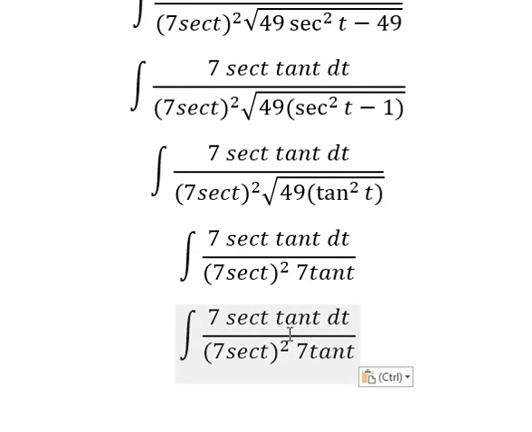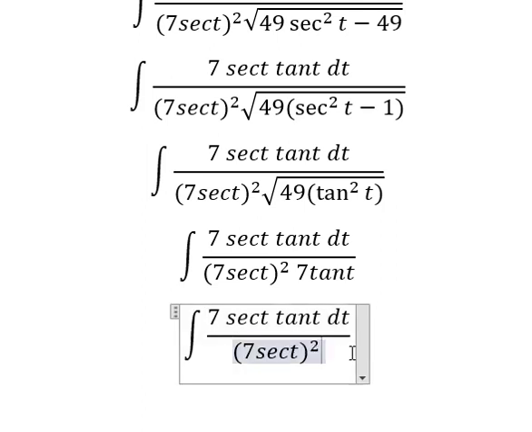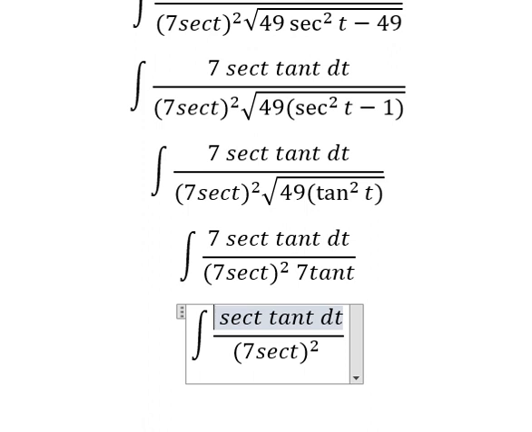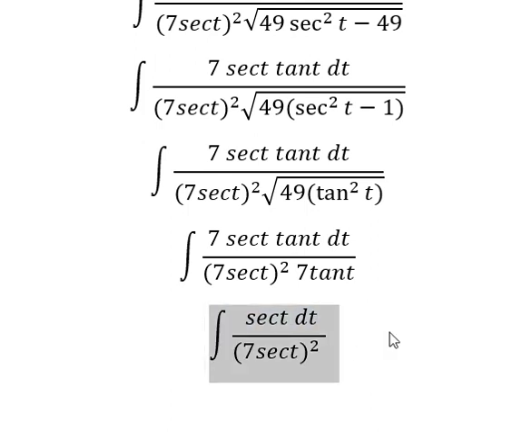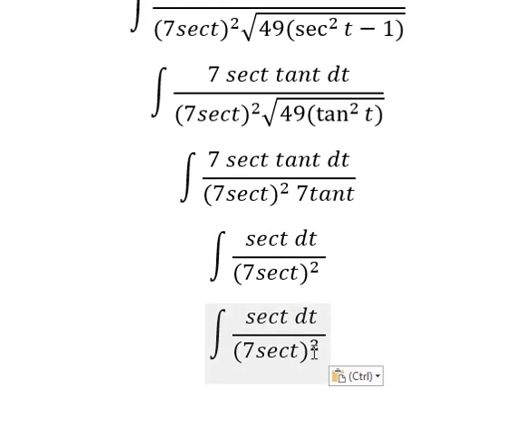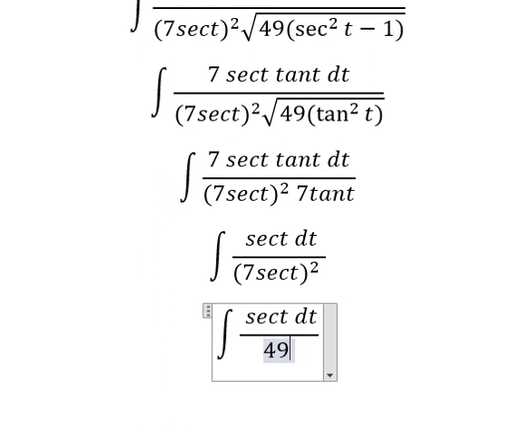Now we need to simplify 7 tan t on the numerator and denominator. Next, this one we have 49 secant of t squared.